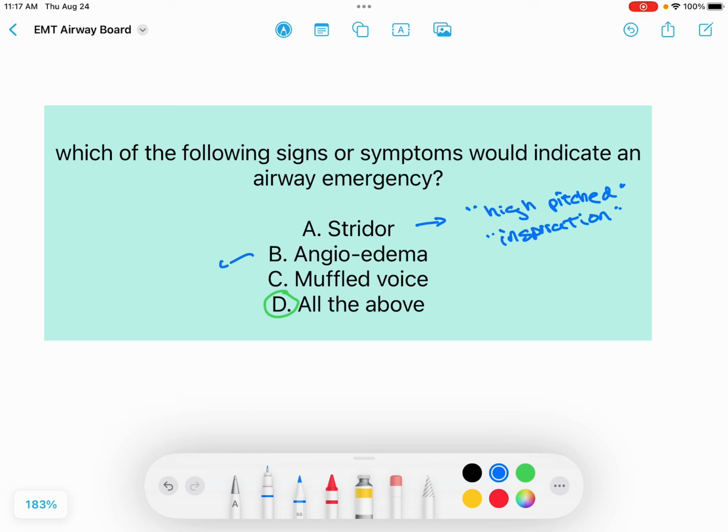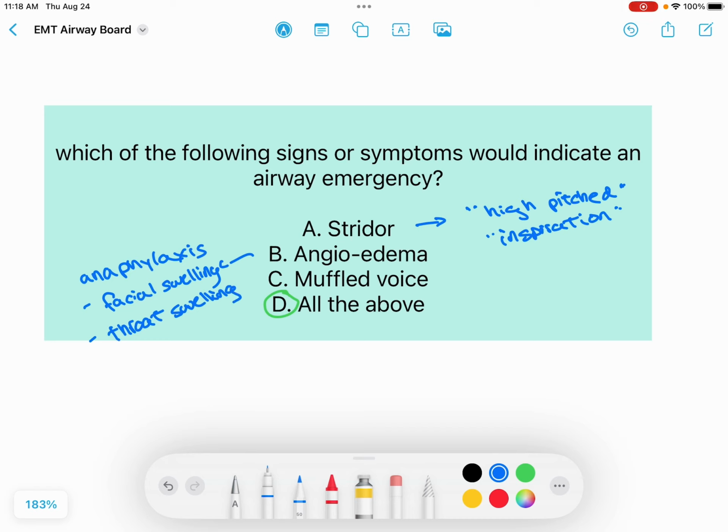Angioedema, this is what's associated with anaphylaxis. And this is things like the facial swelling we associate with anaphylaxis. We see throat swelling as well, so swelling up of the mucosal membranes and the structures of the airway. So obviously that can create airway compromise.